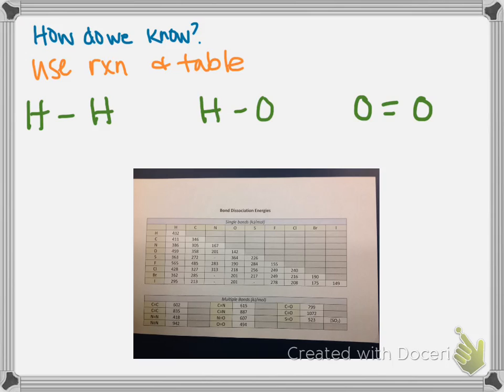So we go down to hydrogen and over to hydrogen, and we see that it's 432 kilojoules. These are always kilojoules. For the second one, it's hydrogen bonded to oxygen, so I go over to hydrogen, down to oxygen, and I see that it's 459 kilojoules.